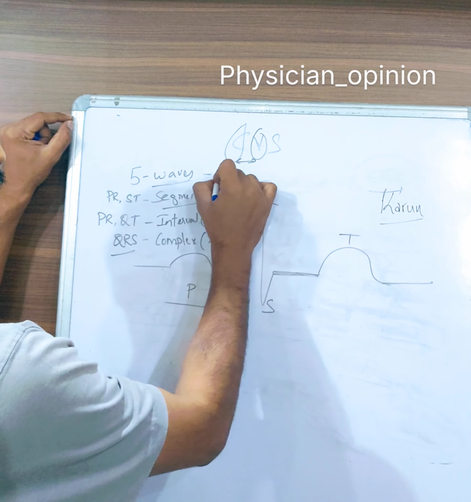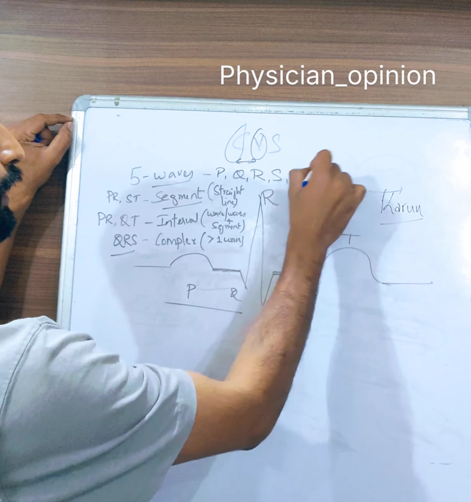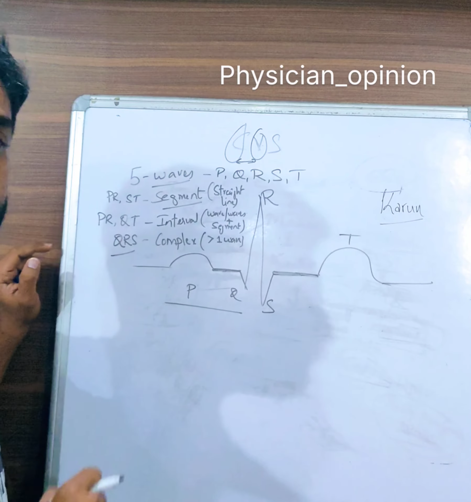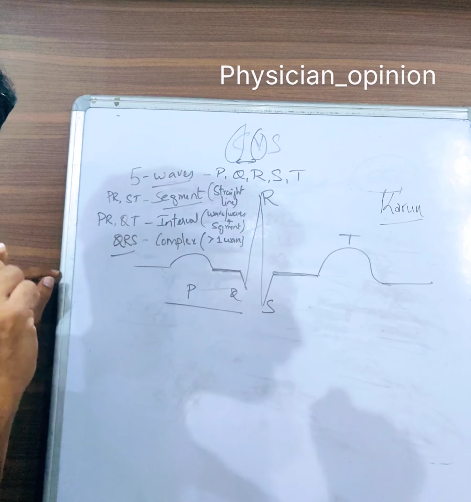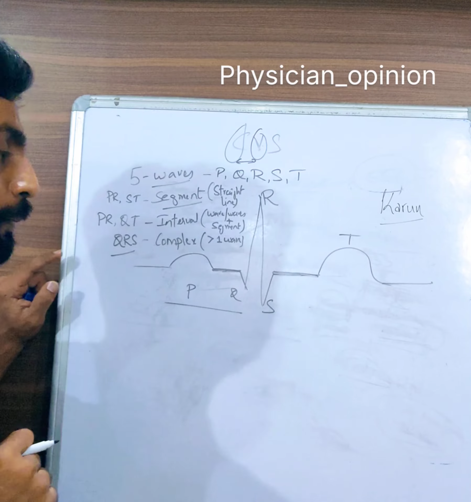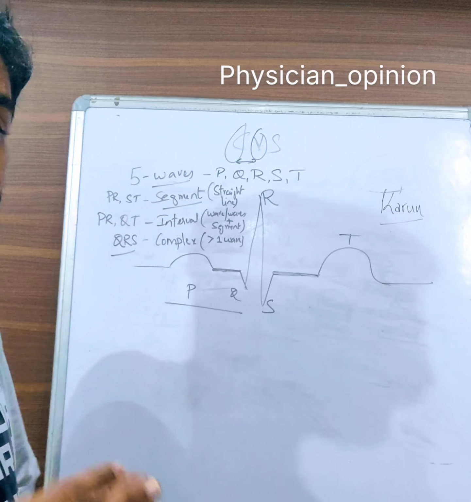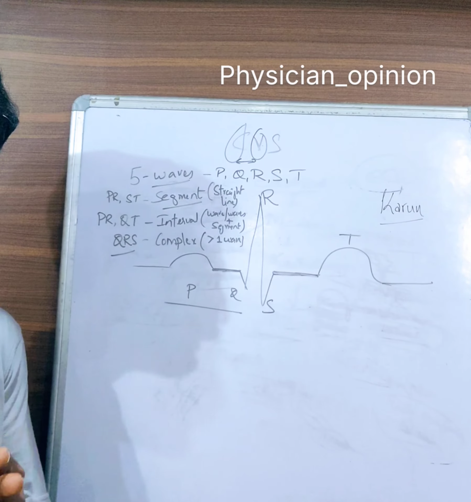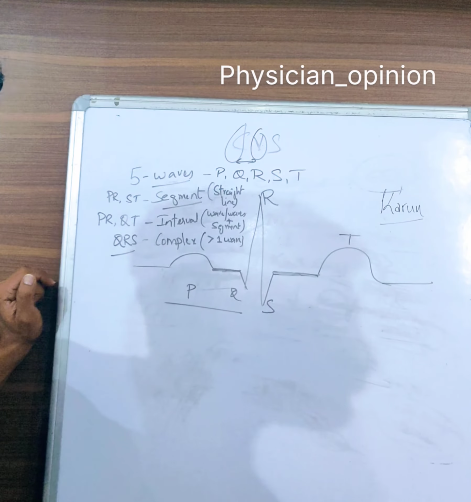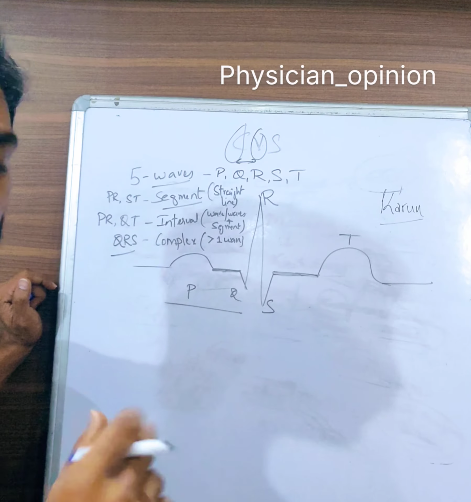There are 5 waves: P, Q, R, S, and T. And there are 2 segments, that is the PR segment and the ST segment. They are the straight lines, that is isoelectric points. PR interval and QT interval: an interval is a segment and a wave combined together. And QRS is a complex, more than one wave joined together.